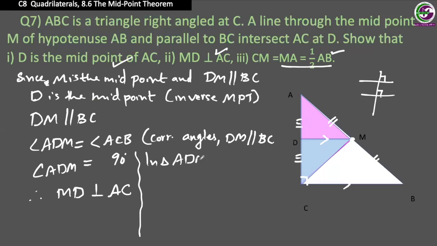In triangle ADM and triangle CDM, we have angles equal at D and C. Angle ADM is equal to angle CDM. If one side is 90 degree, the other side will also be 90 degree because it forms total 180 degree because of linear pair.